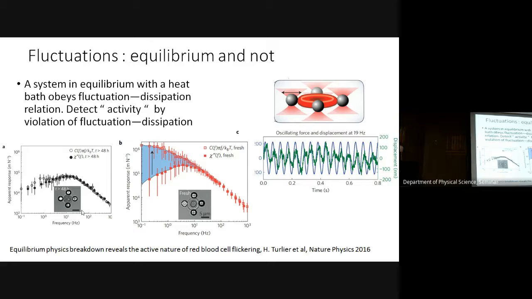Which one do you mean here? Lower frequencies. This one. Yes. You mean here?